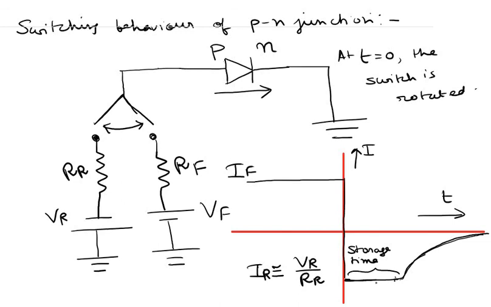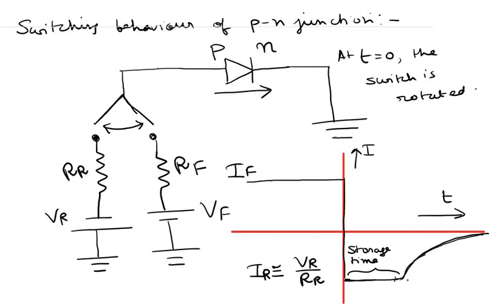After the storage time is over, the minority carrier concentration just outside the depletion region becomes equal to the equilibrium minority carrier concentration, and after the storage time starts the fall time.